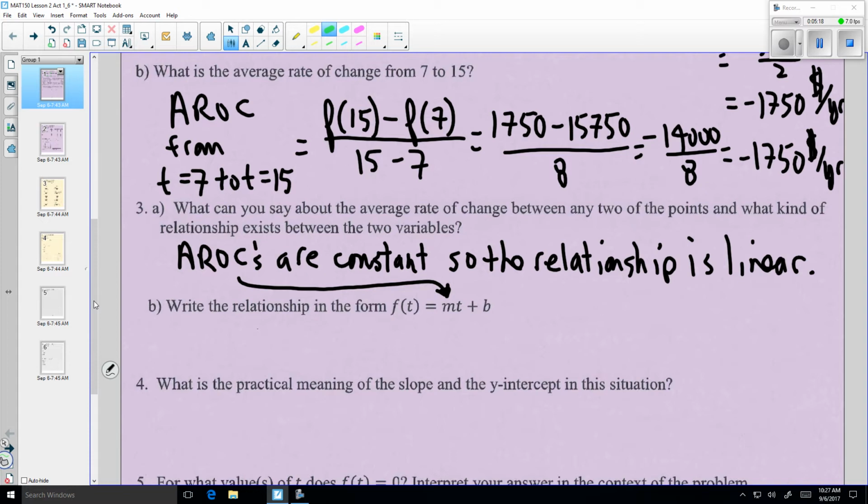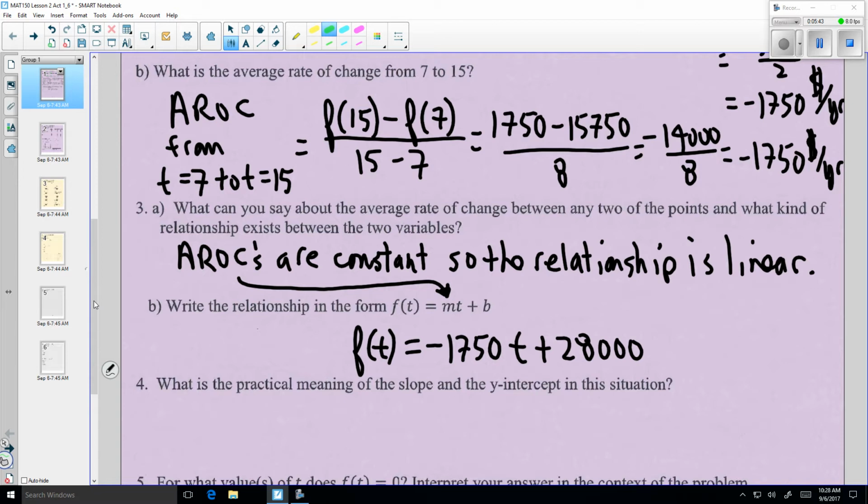Of course, the B value is the value at time 0, so that's going to be the 28,000. So this is f of t, the value of the car, equals negative 1750, the average rate of change, or slope, times time, plus 28,000. So that is our formulaic relationship between f of t and t.